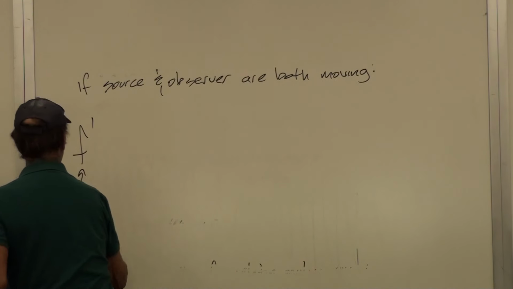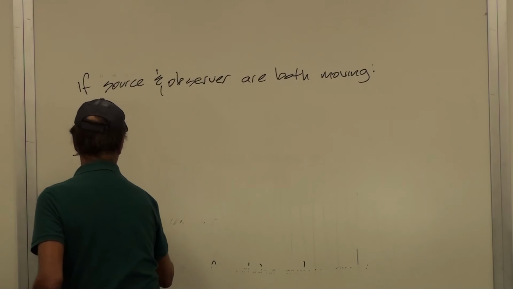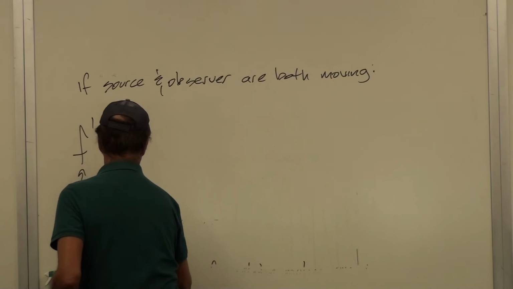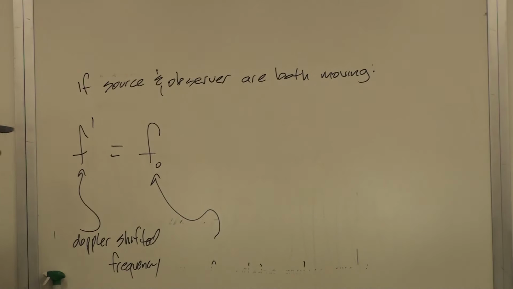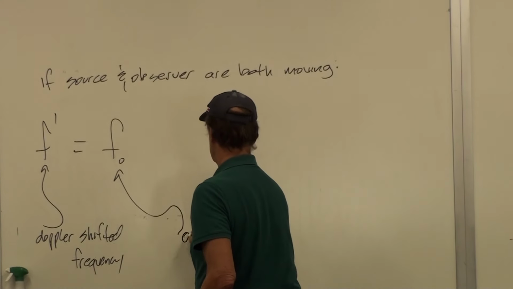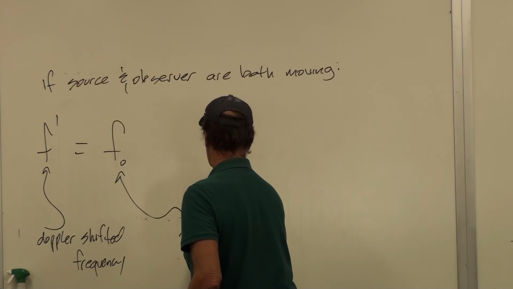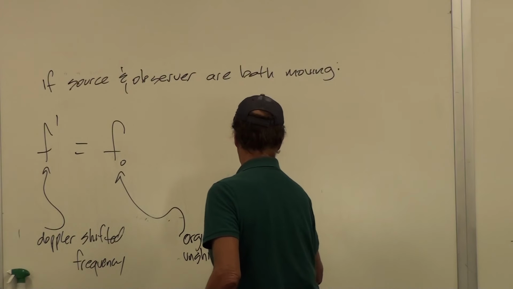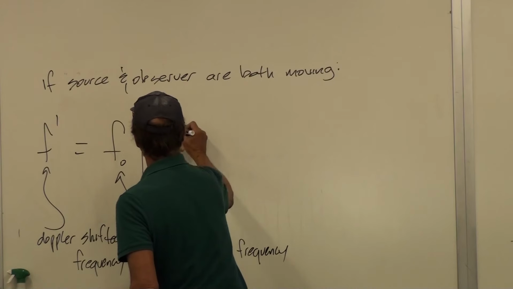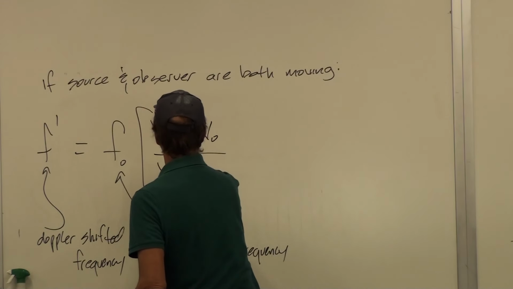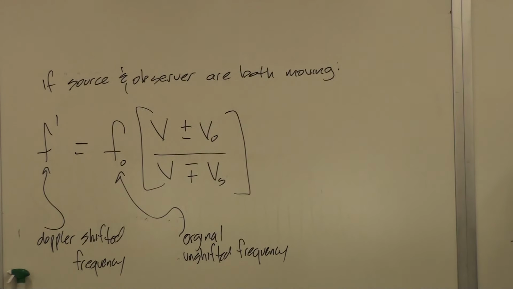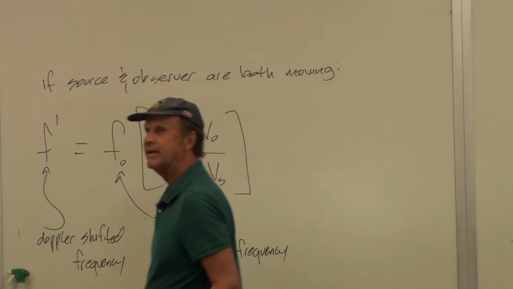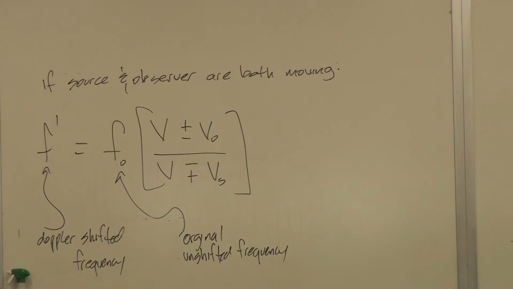F prime, this is our Doppler shifted frequency. It's equal to F naught, which is the original unshifted frequency, times velocity plus or minus VO divided by velocity minus or plus Vs. Now sometimes in the textbook, they'll have you do it in two different steps, but I think it can get a little more complicated that way because then you have to use the output from the first and then plug it in as the input for the second, and it's easy to get them mixed up.